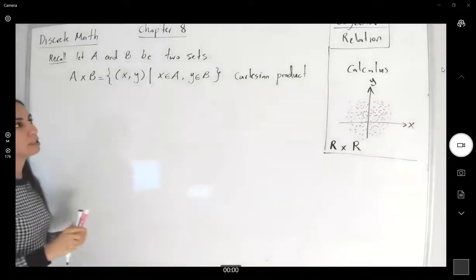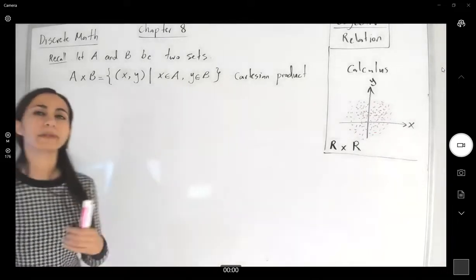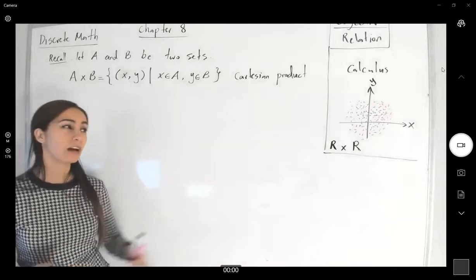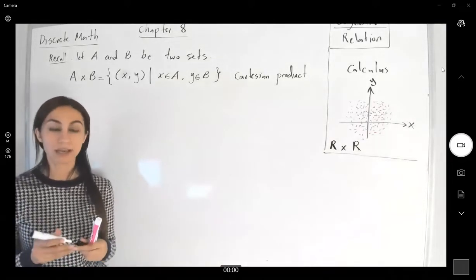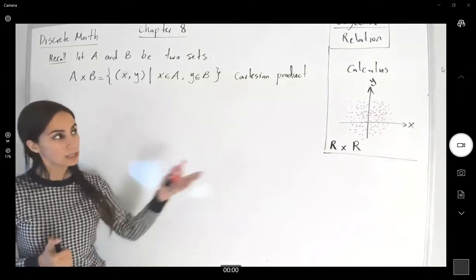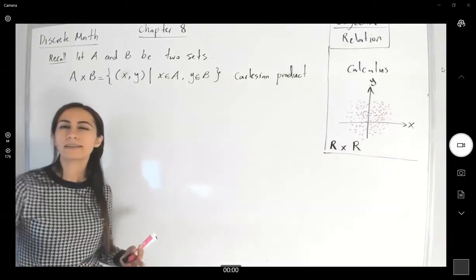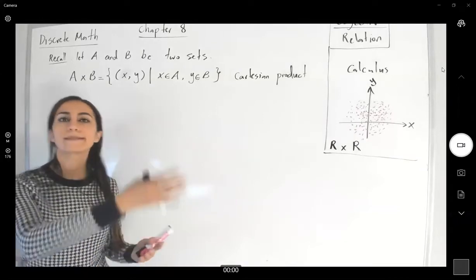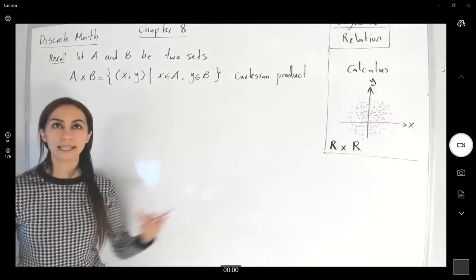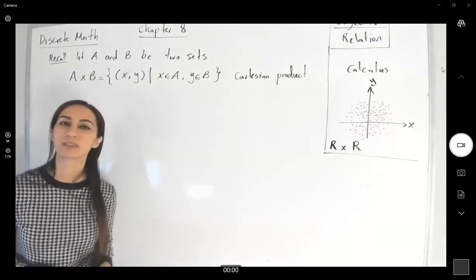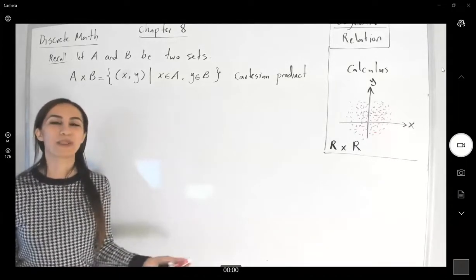Cartesian product between two sets. Remember that. We said, okay, now that we have points, ordered pairs in the space, in the plane, we can take some collection, sub-collection, subsets of these points and define something that we call a relation.